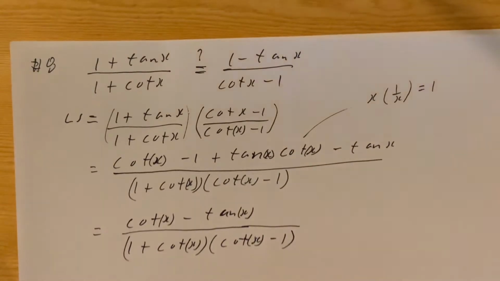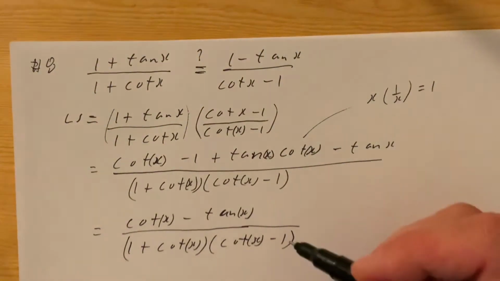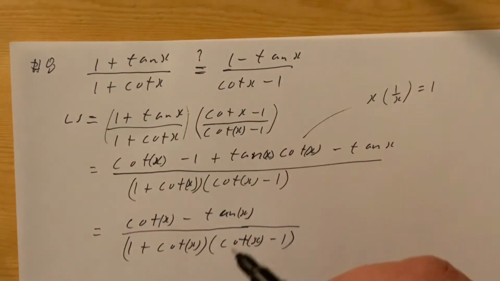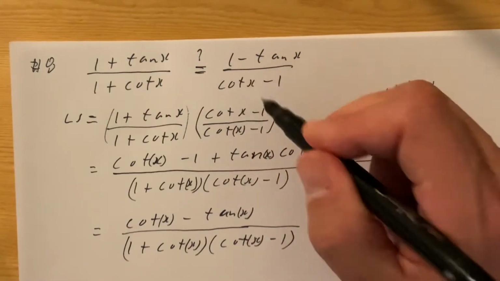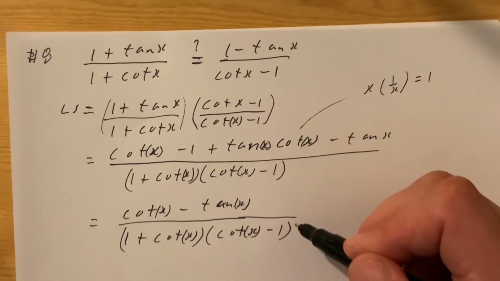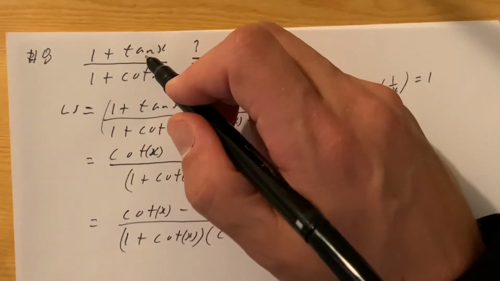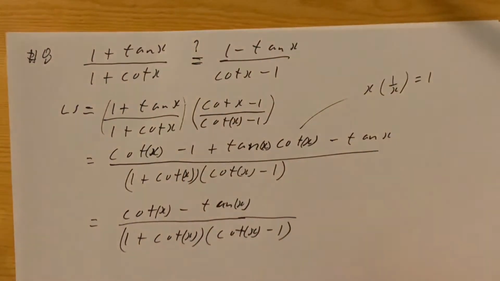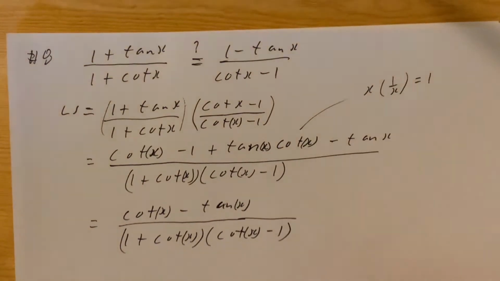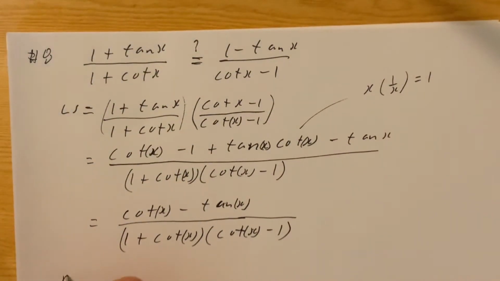Okay, so I can't see directly how I can keep going with this, since eventually I want this just on the bottom here. But I don't see how I can cancel this out with anything on the top and get 1 plus tan x. There are side things that you can do for that. Okay, but we're now going to go to the right side.